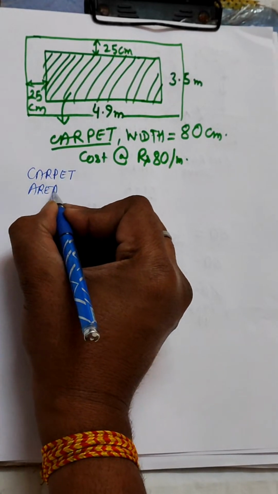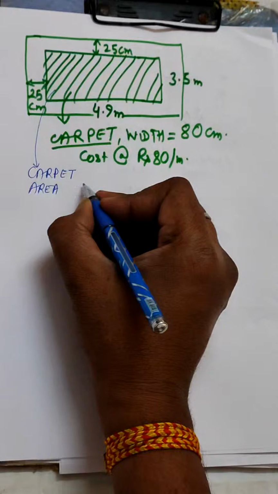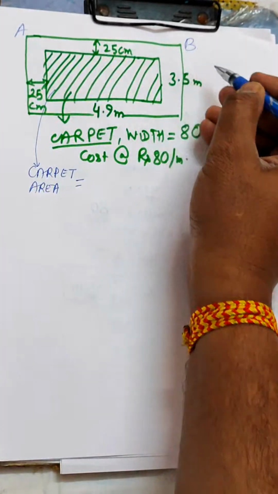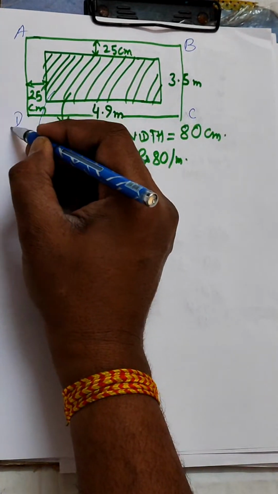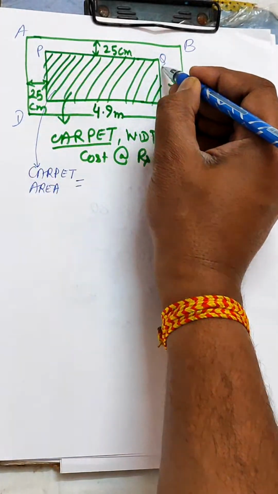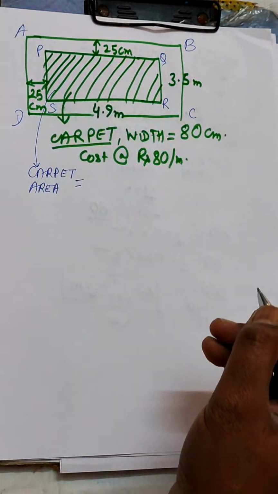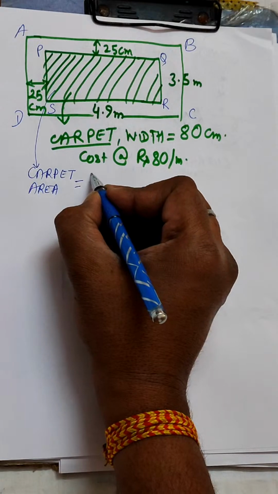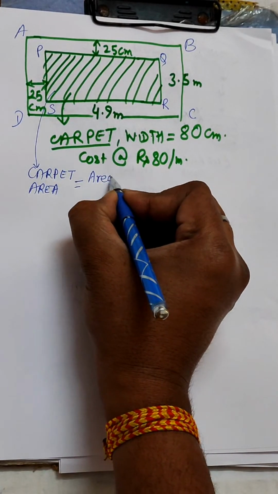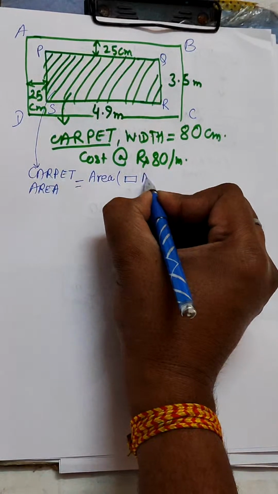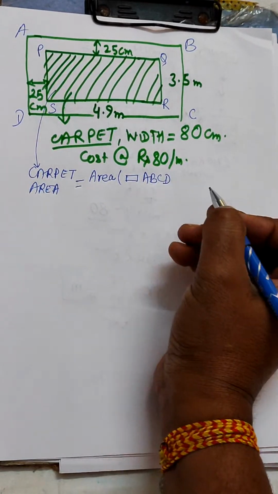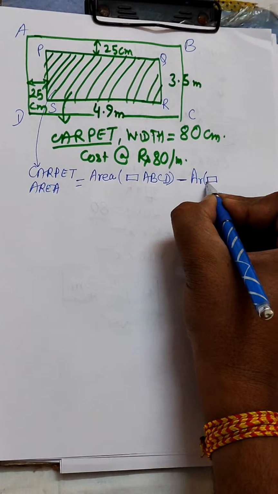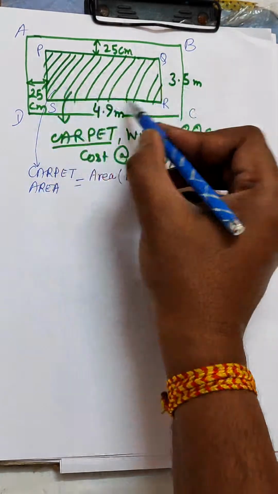Carpet area, let's say if the outer rectangle is A, B, C, D and the inner dimensions are P, Q, R and S, then we can say that carpet area can be calculated by the area of rectangle ABCD minus the area of rectangle PQRS.